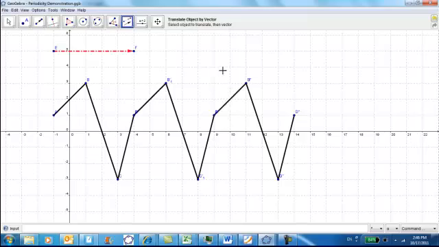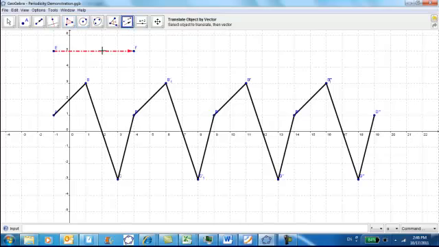And we can keep doing this ad nauseum. And here we go. And didn't catch that part, so there we go. Now we have a periodic function with a period of 5. So that's a little illustration of periodicity.